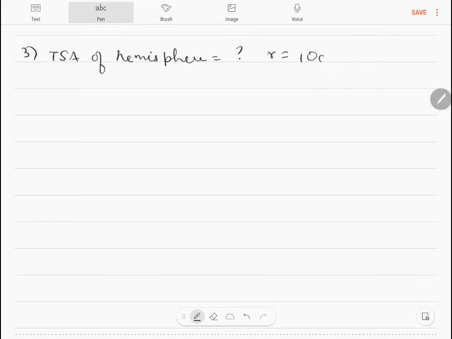Radius is 10 centimeter. The formula is total surface area of hemisphere is 3 pi r square, which is equal to 3 into 3.14 into 10 into 10, which comes to 942 centimeter square.